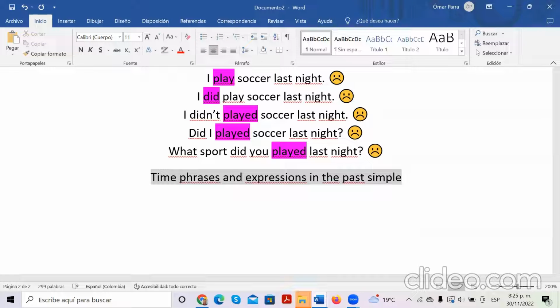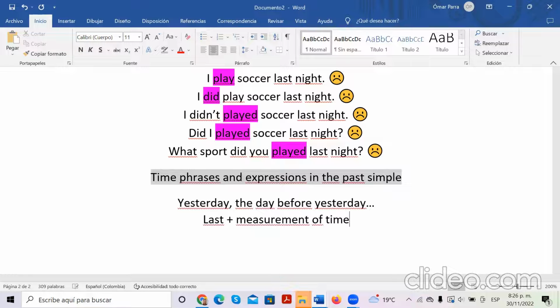For example, today is November the 30th, it's Wednesday, and yesterday was November the 29th, which was Tuesday, so yesterday. The day before yesterday, on the other hand, was Monday. So yesterday, the day before yesterday, we can also use the word last in combination with a measurement of time.